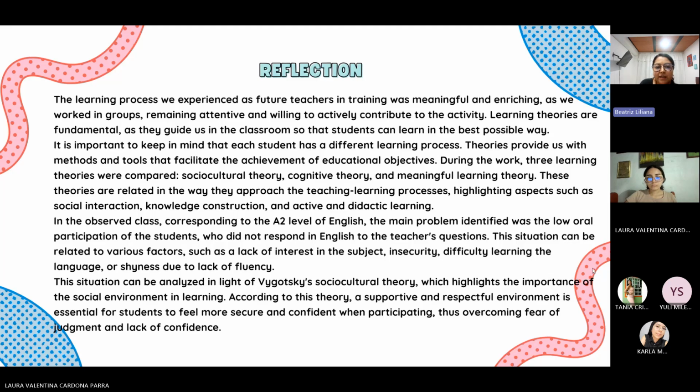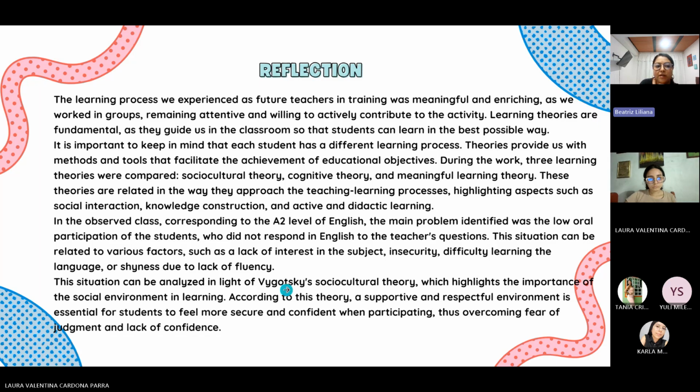In the observed class corresponding to the A2 level of English, the main problem identified was the low oral participation of the students who did not respond in English to the teacher's questions.